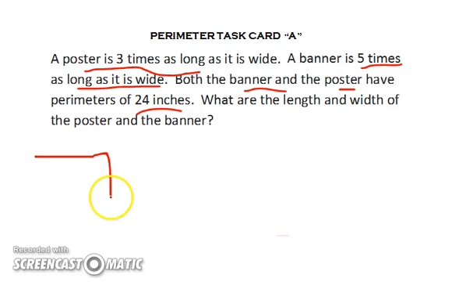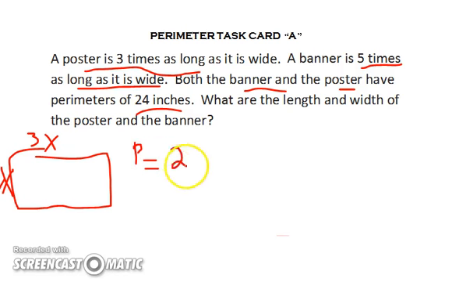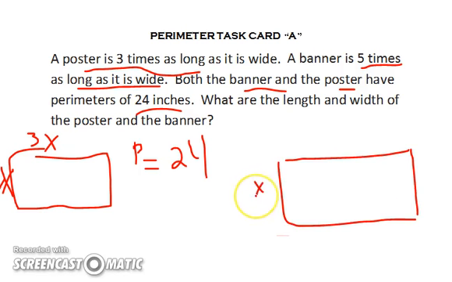So let's start by looking at the poster. It's 3 times as long as it is wide. So whatever the width is, we have to do it 3 times more than that and get a perimeter of 24. The banner is 5 times as long as it is wide. So whatever the banner is, then we know it's 5 times more than that on the long side.